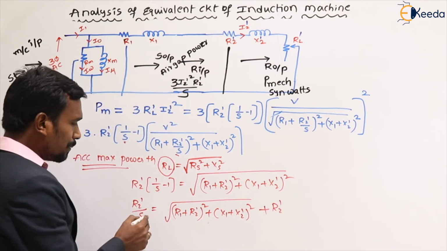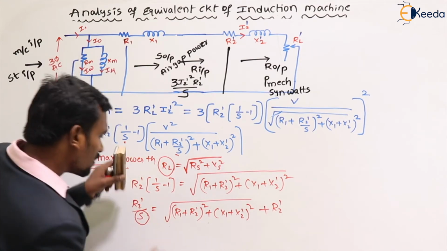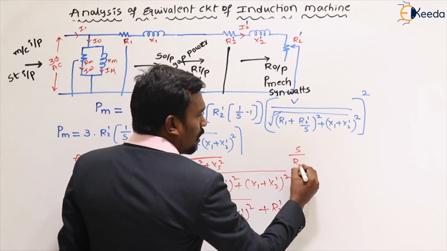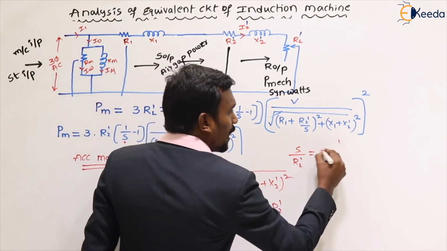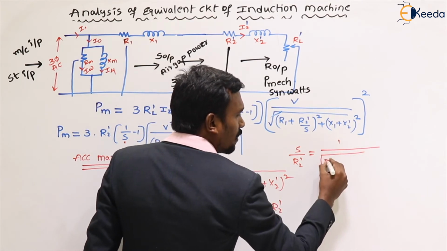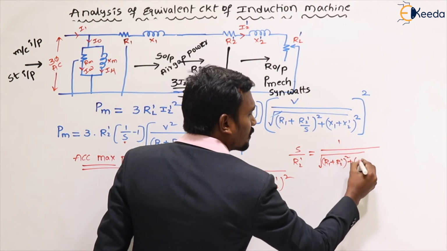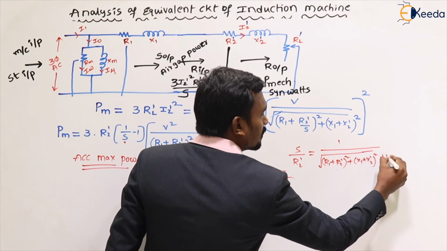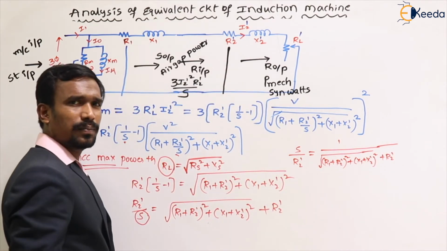But I want the slip at maximum power, so just take the reciprocal. S upon R2 dash is equal to 1 upon the square root of (R1 plus R2 dash) whole square plus (X1 plus X2 dash) whole square, plus R2 dash.